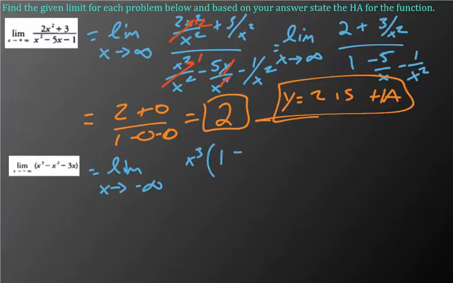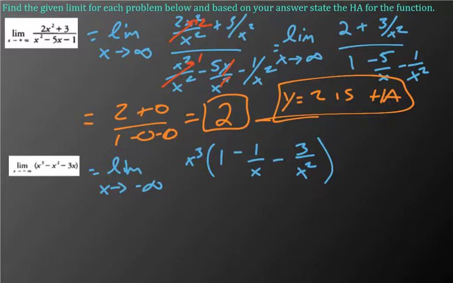So I have 1 minus 1 over x minus 3 over x squared. So in this one, I'm just factoring out x cubed. There is nothing to divide, I guess, on top and bottom. There's no top and bottom. So here I would just do it this way so I can get this kind of fraction into the problem somehow. Then I can actually take limits.